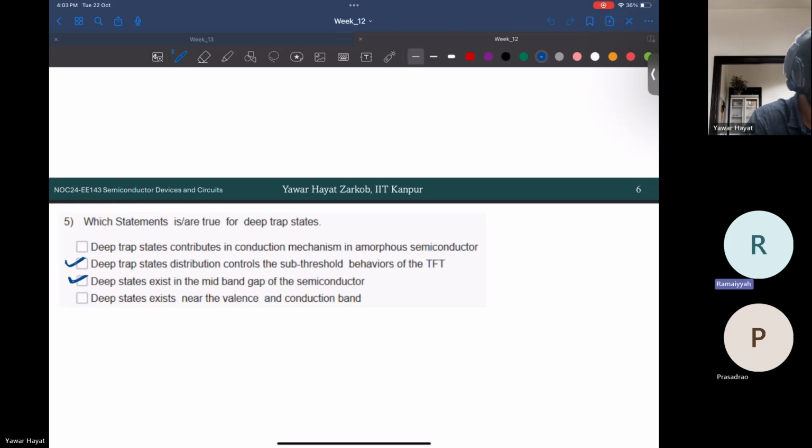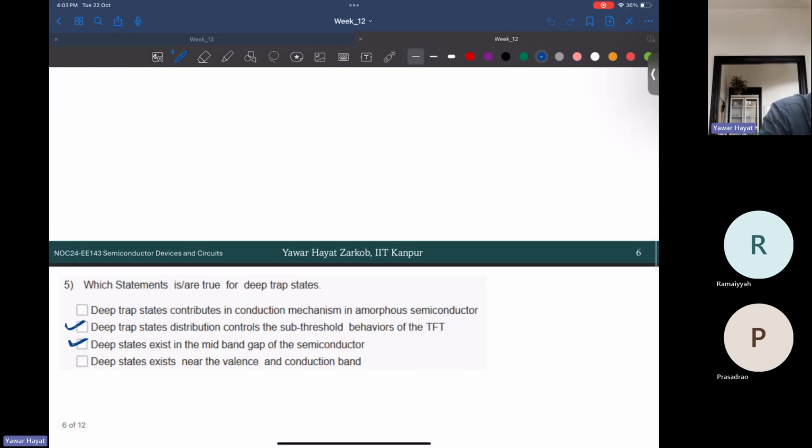Here I feel that deep trap states also contribute in conduction mechanism because that was mentioned in one of sir's slides. If sir has mentioned it, then take that as the final word, in amorphous semiconductors.